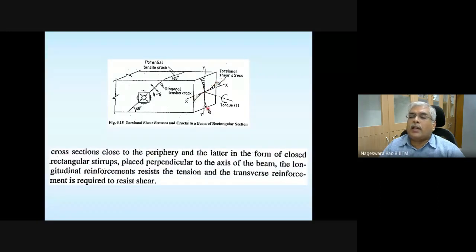The details, you can refer to any advanced book to understand how this distribution is plotted and what the variation of the distribution is. Maximum stress is going to happen at the midpoint of each of the sides, and the shear stress is going to be zero at the corners.